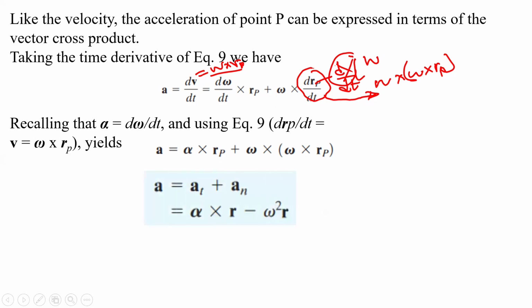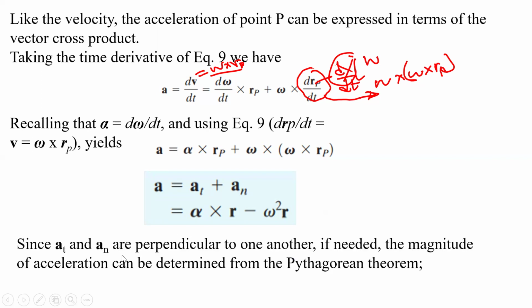When we do the triple cross multiplication of omega cross omega cross RP, we have that A, the total acceleration, is alpha cross R minus omega squared R.